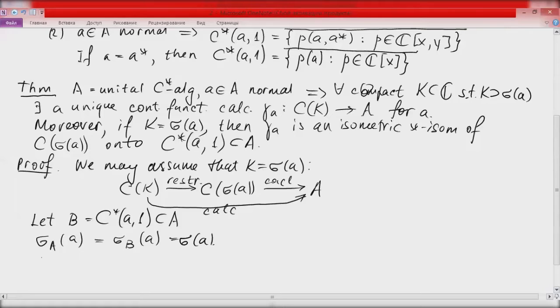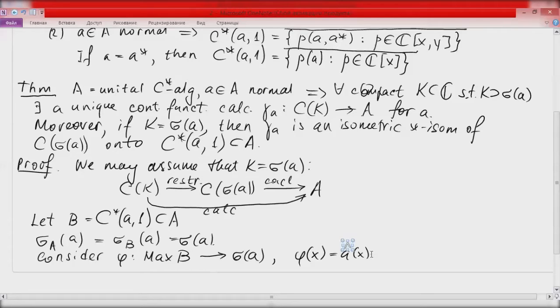And consider a map phi from the maximal spectrum of the subalgebra B to sigma of a, defined by the following formula. So basically, this is the Gelfand transform of the element little a, but we interpret this Gelfand transform as a map from the maximal spectrum to sigma of a.